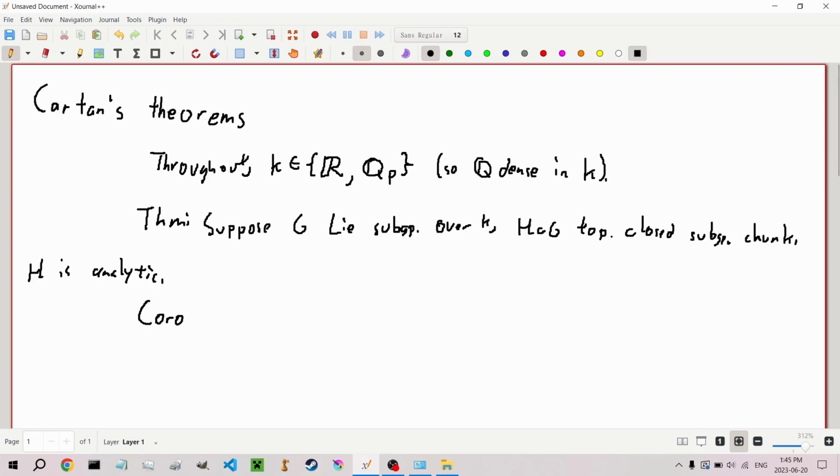We have a corollary to this, which states that a closed subgroup of a Lie group over R or p-adics is a Lie group.